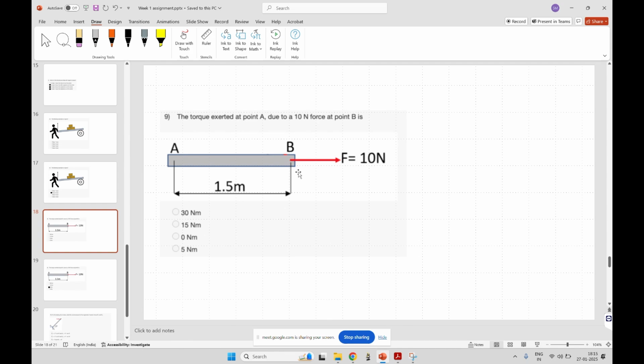Can anyone? 0 Newton meter. Yes, because torque is always calculated in the perpendicular direction, if the force applied is perpendicular to or at an angle to the object, not at 180 degrees or at 0 degrees. The same would be true if the force was applied this way, if instead of a pulling force, it was a pushing force.